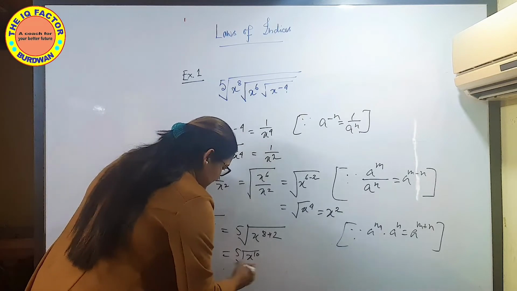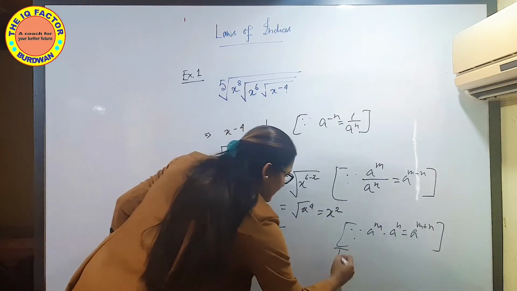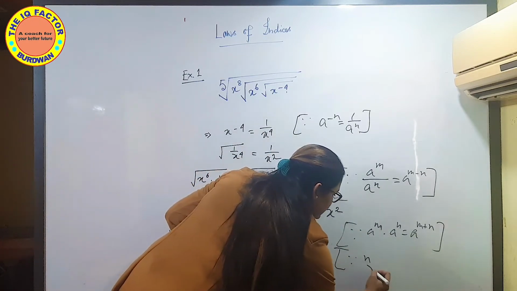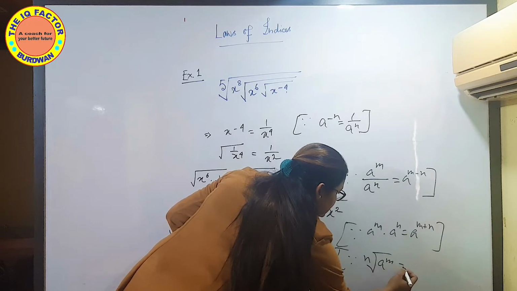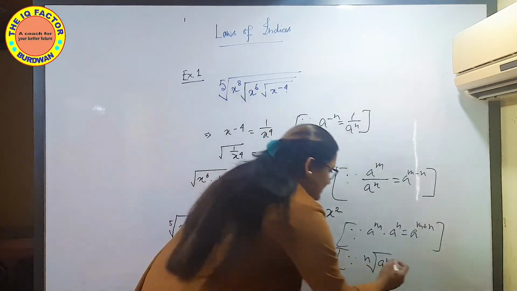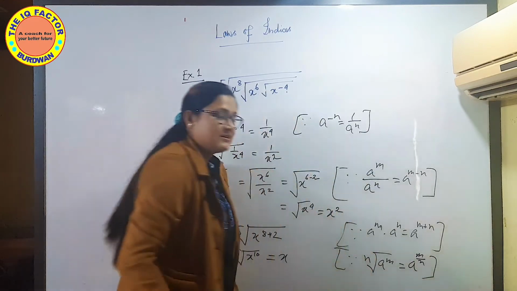Now, what can we write? It is the fifth root of that. The nth root of a to the power m is a to the power m by n.